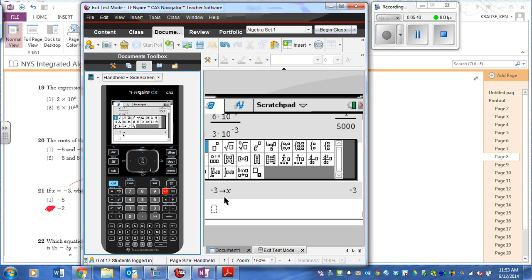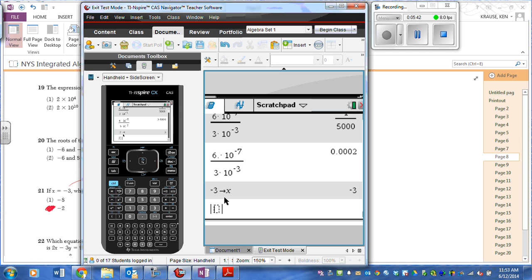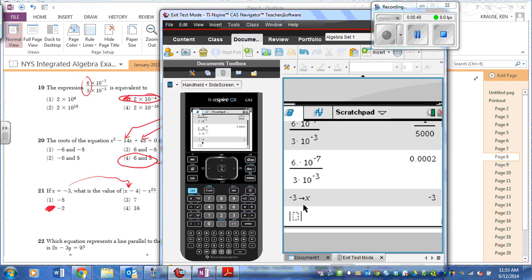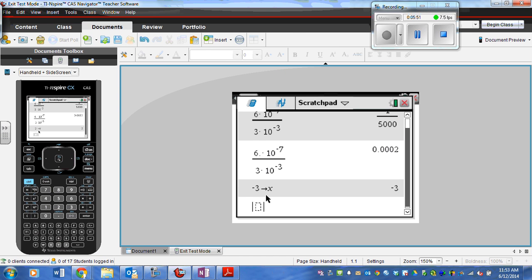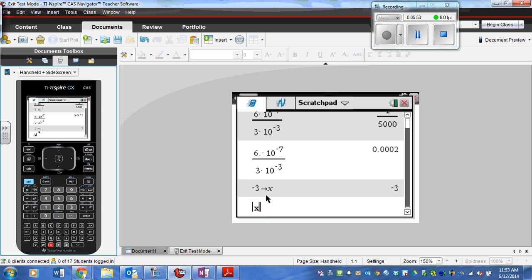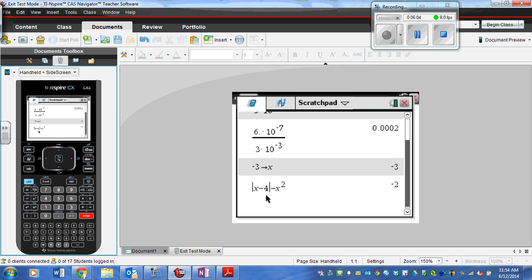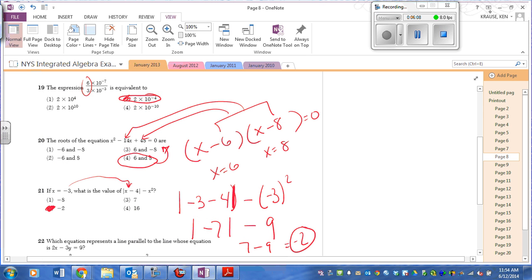Absolute value of x minus 4 minus x squared equals negative 2. Perfect. And that's right, negative 2.